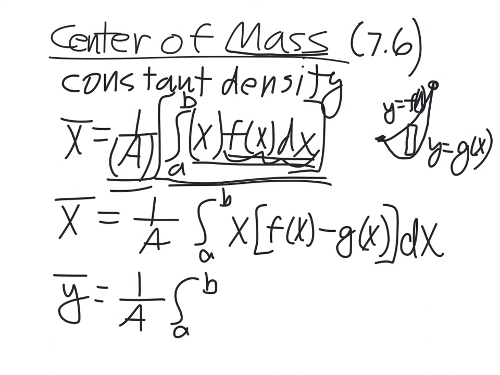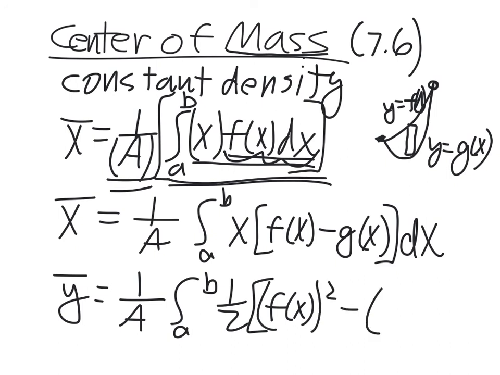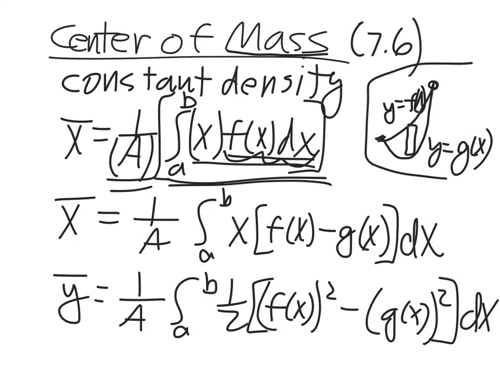It's going to be, well, the 1/2 will be multiplied by f of x quantity squared minus g of x quantity squared. So that would be the formula for y bar for a region like this.